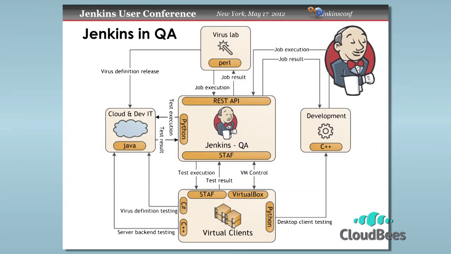The STAF label stands for STAF framework, which we chose to connect to the testing machines, to the virtual clients, and we also use it to remotely control virtual machines, not just run tests, but also control machines.